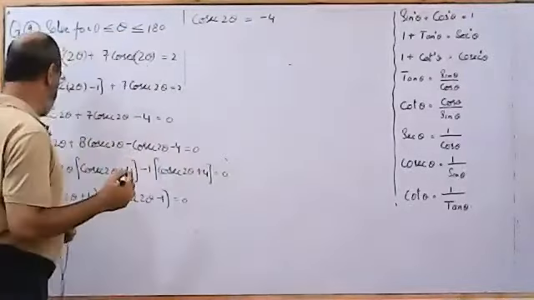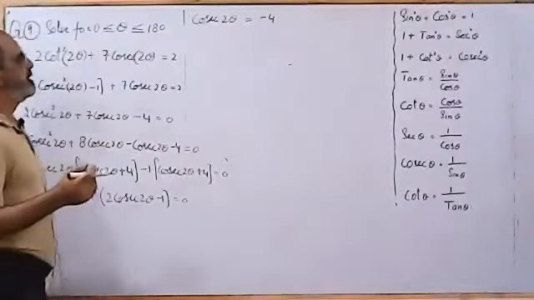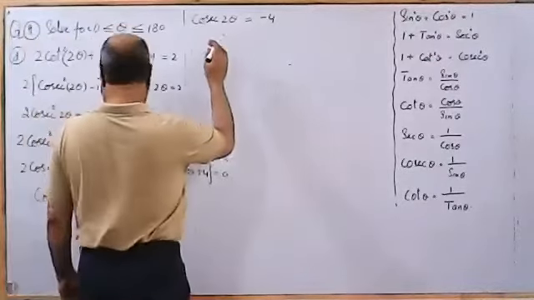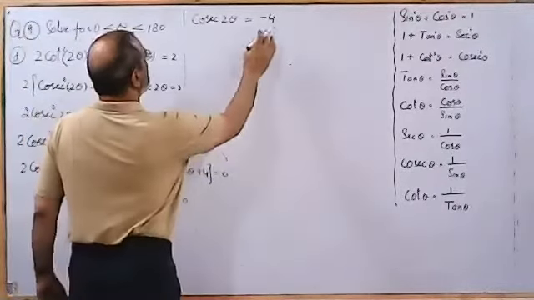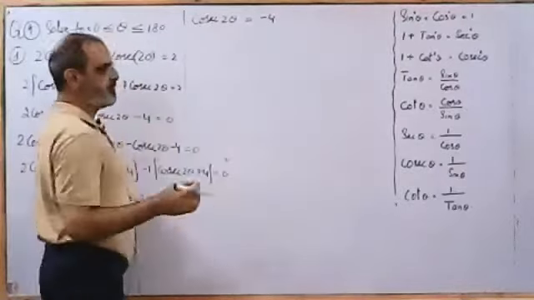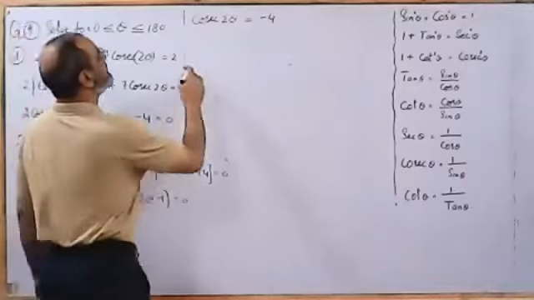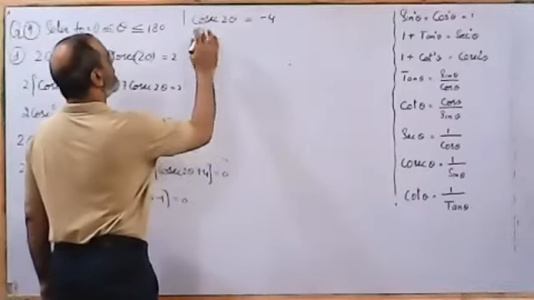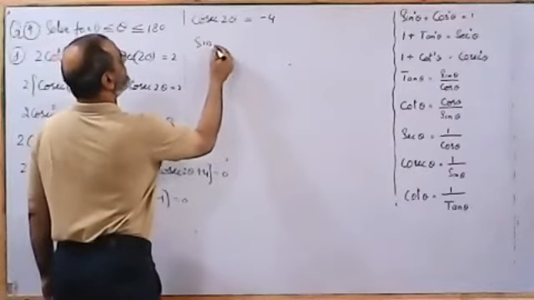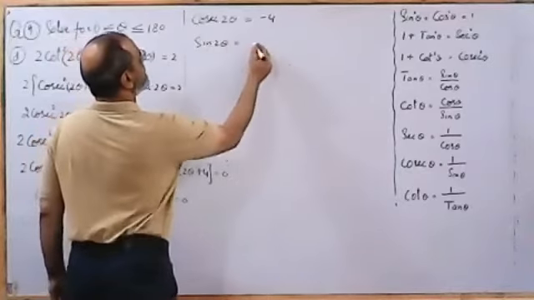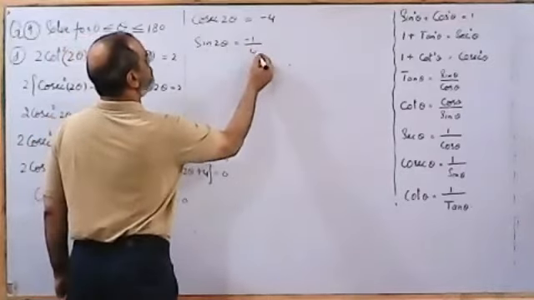Cosecant 2 theta is equal to minus 4 using the first factor. Taking reciprocal to change it into sine or cos, because we cannot use a calculator for cosecant. So if I take the reciprocal, cosecant becomes sine 2 theta and reciprocal of minus 4 is minus 1 by 4.